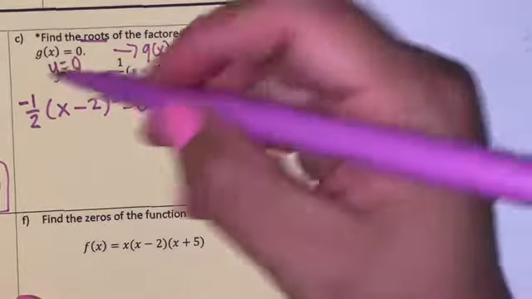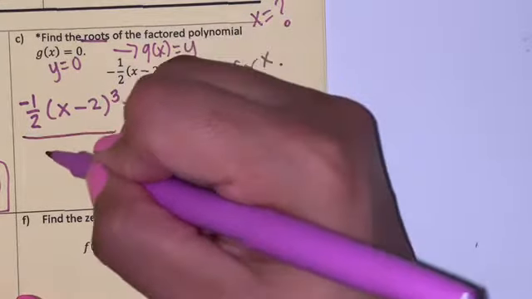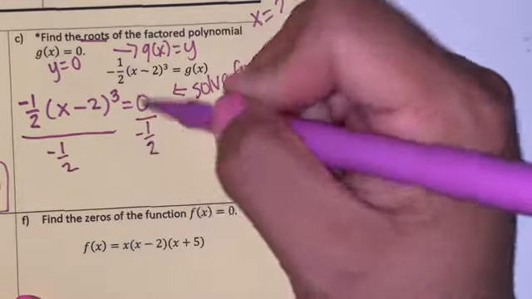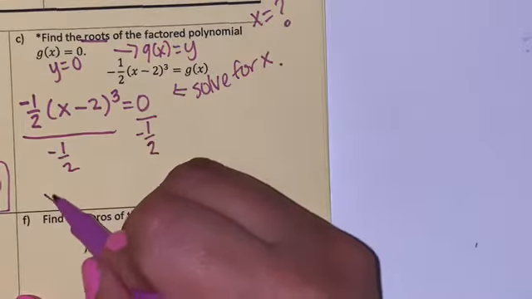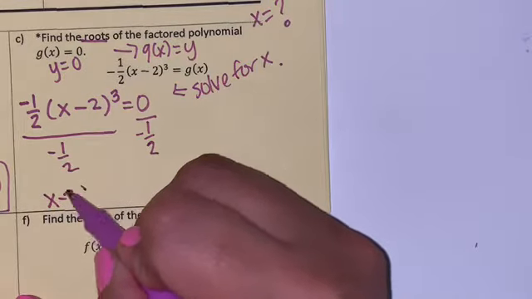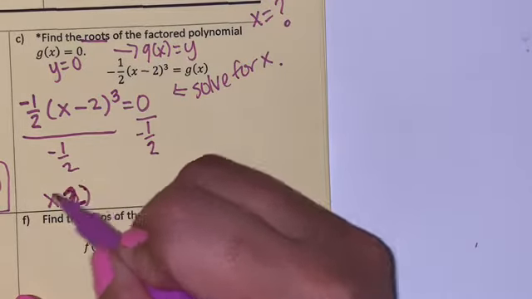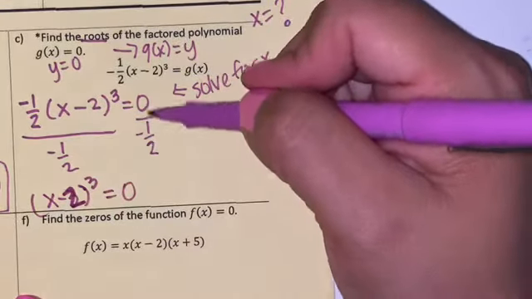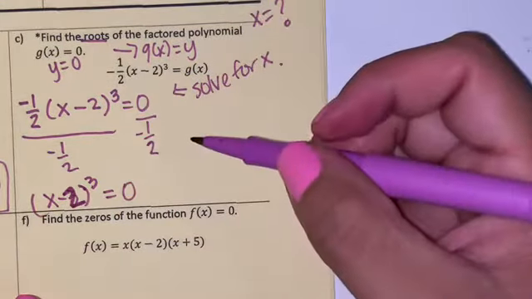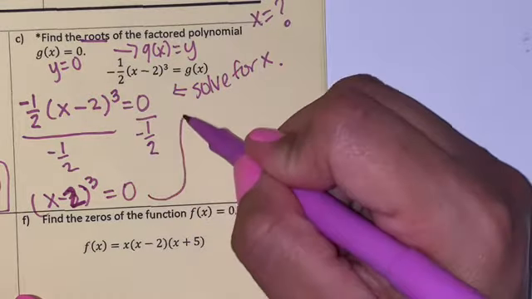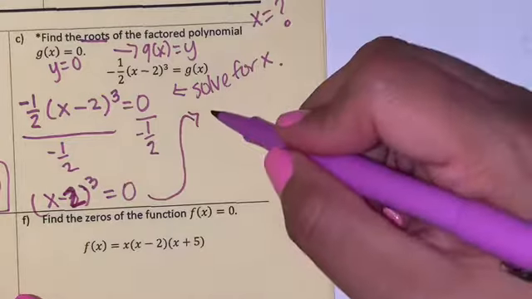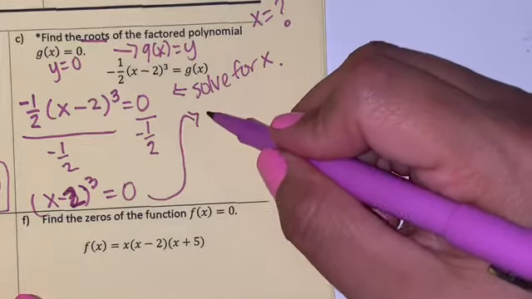Let's divide both sides by -1/2. Then I have x minus 2 to the third equals 0. -1/2 goes into 0, 0 times. Now I need to take the cube root because I need to undo that cube exponent.